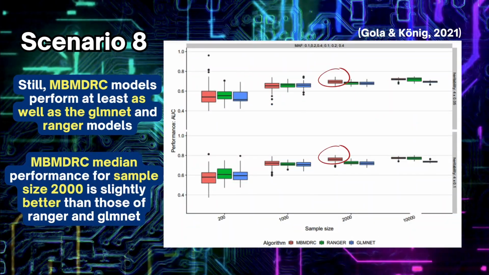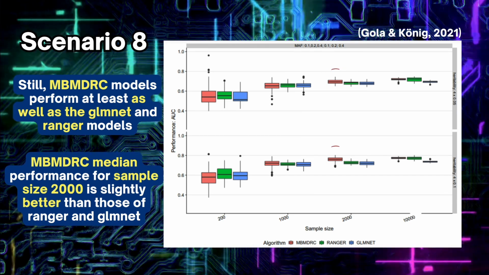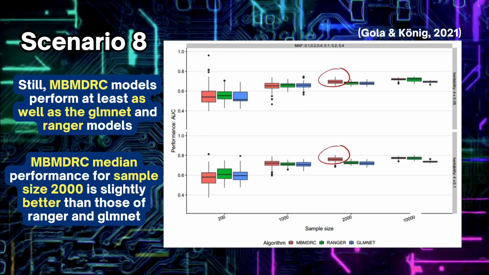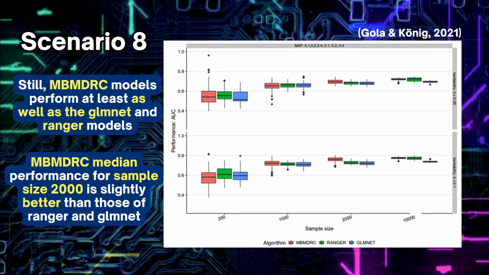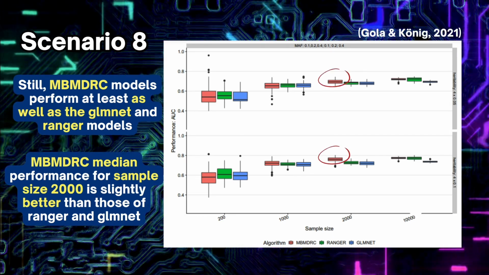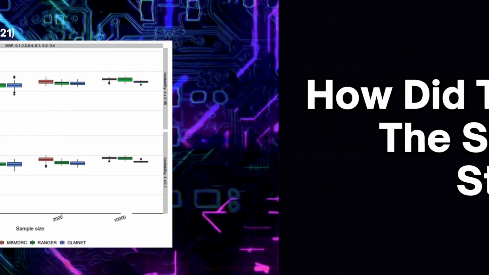In the last scenario, Scenario 8, MBMDRC models still achieve at least a similar performance as the other 2. Also, the median performance for sample size 2000 is slightly better than the other 2.